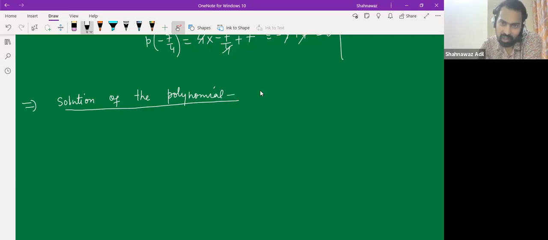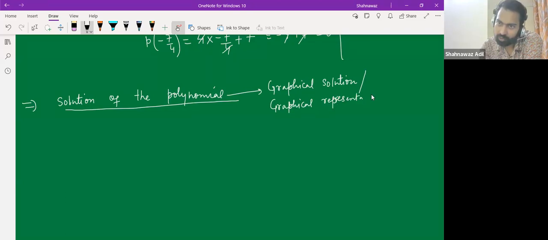For now, we will talk about the graphical solution, which is also called the graphical representation of zeros of the polynomial.